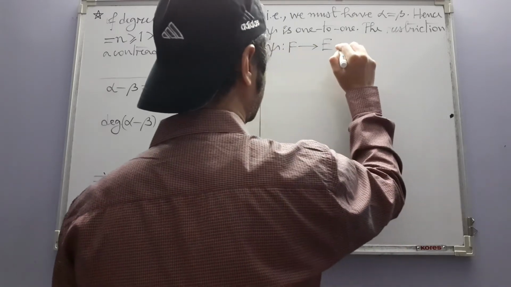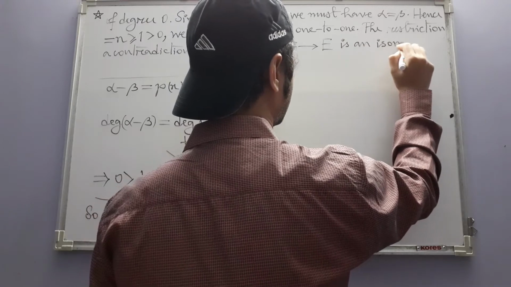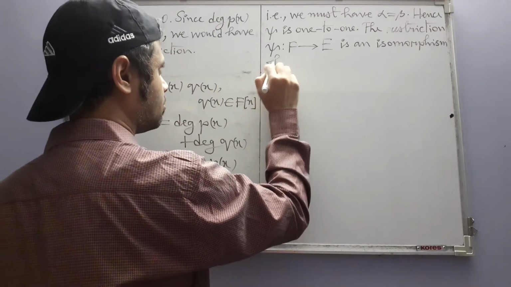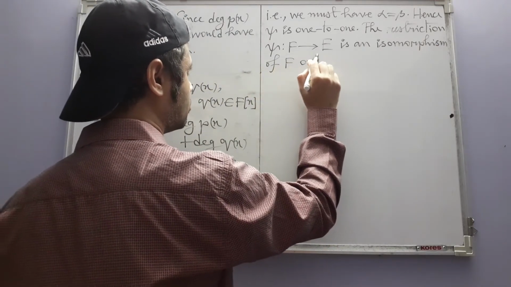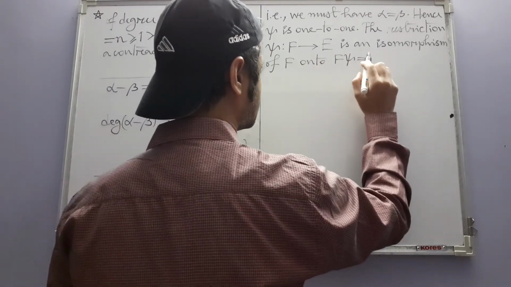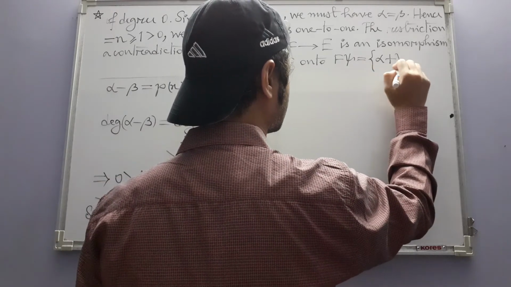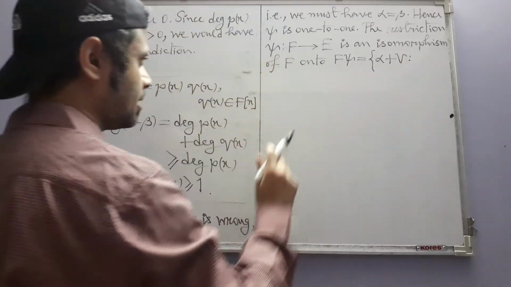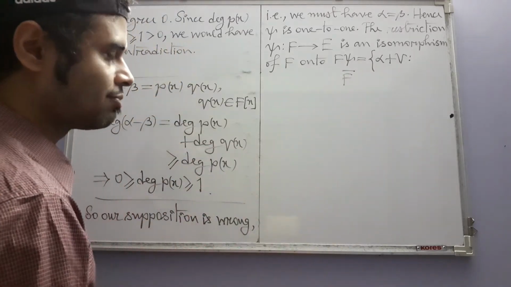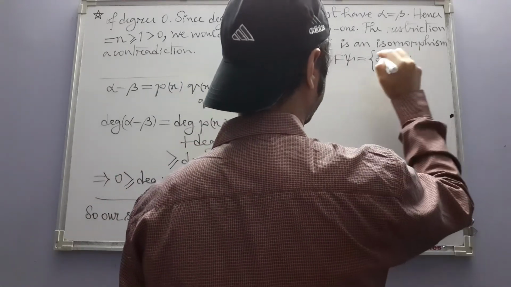The restriction is an isomorphism of F onto F psi, which is this. In the text, this F psi is being denoted like this, F bar. I forgot to do that, but it won't matter because we can write F psi now.